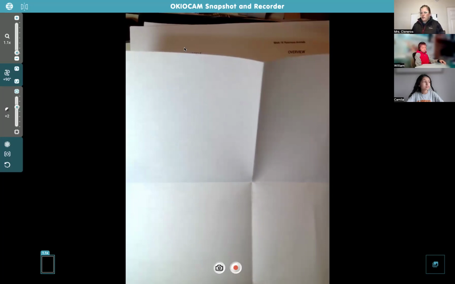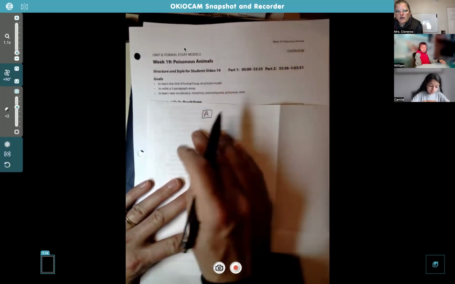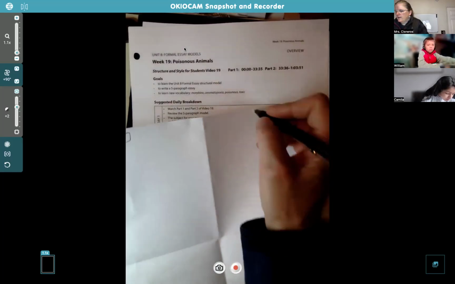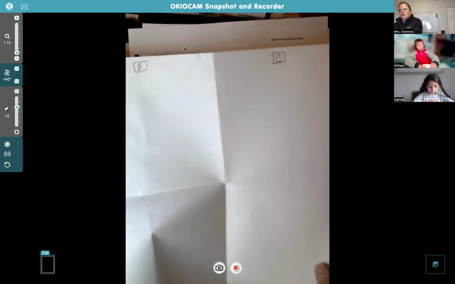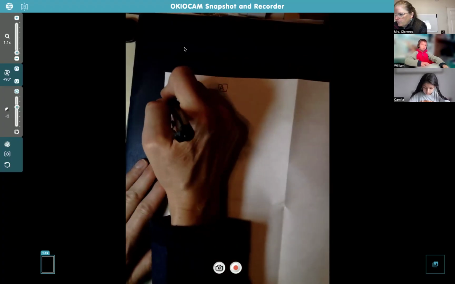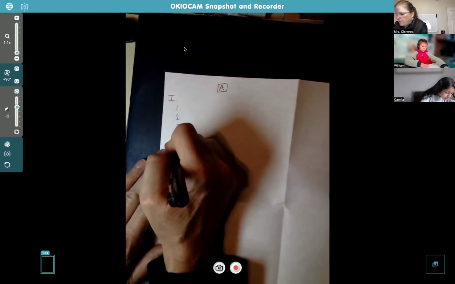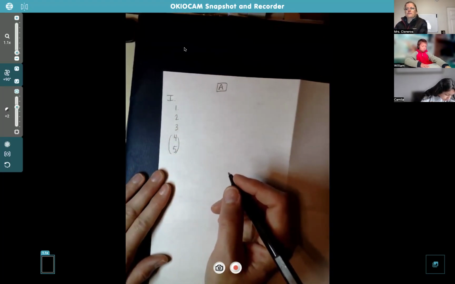So you're going to do 2 paragraphs this week. So you're going to put A at the top left here, and then B, and then C here. And then we're going to focus on Roman numeral 1 first, and you're going to do 1 through 5, and then 4 and 5 are going to have parentheses around them like that, okay?